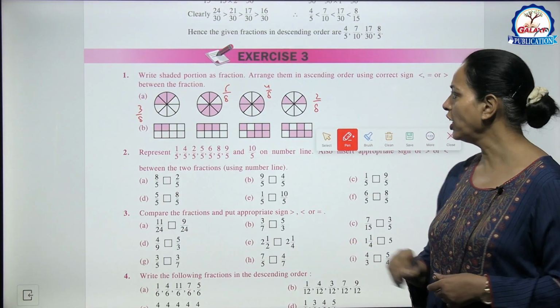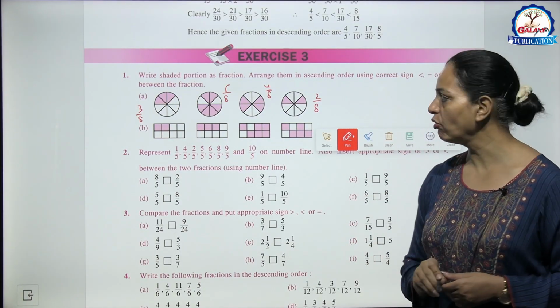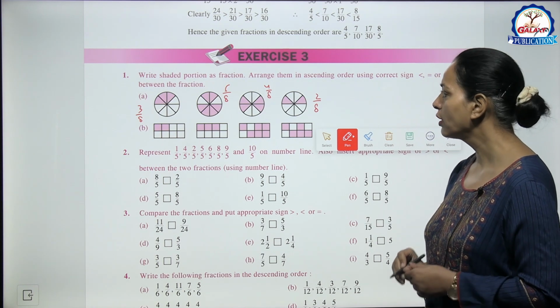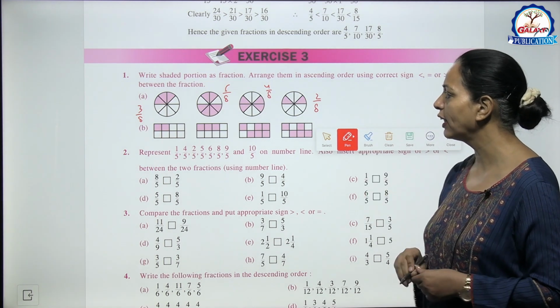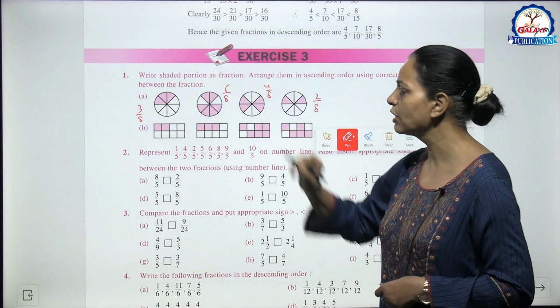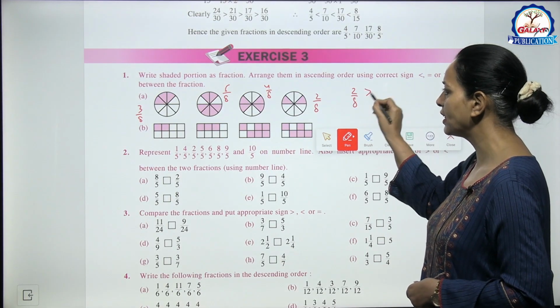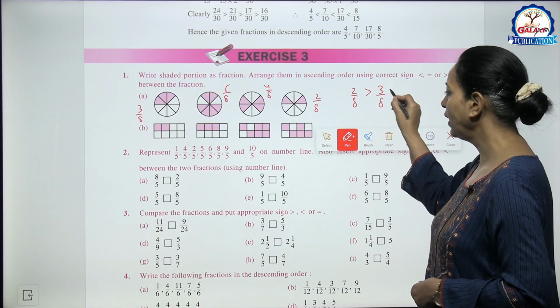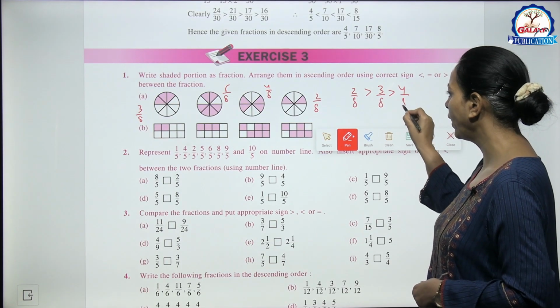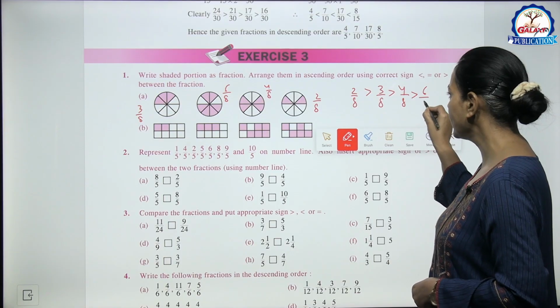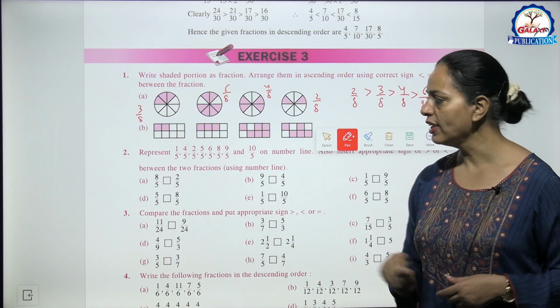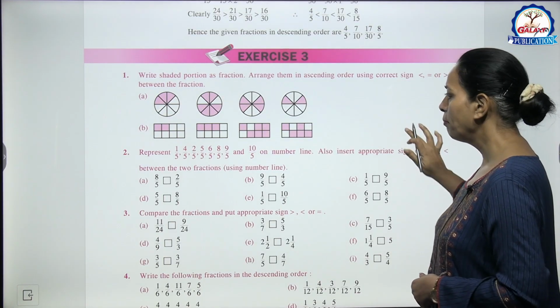Okay. Now arrange in ascending order, increasing order. So the smallest one is 2 and the greatest one is 6 numerator. So here 2 by 8 is less than 3 by 8, less than 4 by 8, less than 6 by 8. Okay. Similarly, you can try B part.